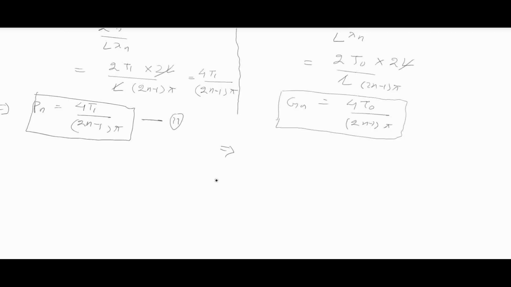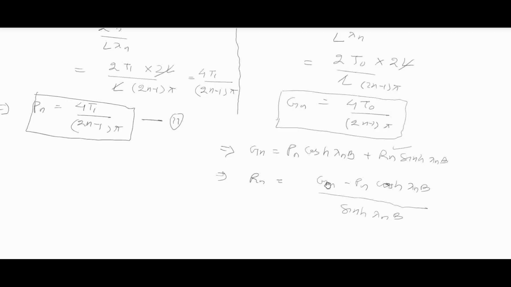That implies Gn is equal to Pn cosh lambda n b plus Rn sinh lambda n b. That implies Rn is equal to Gn minus Pn cosh lambda n b by sinh lambda n b.